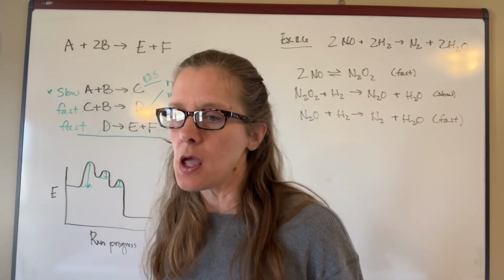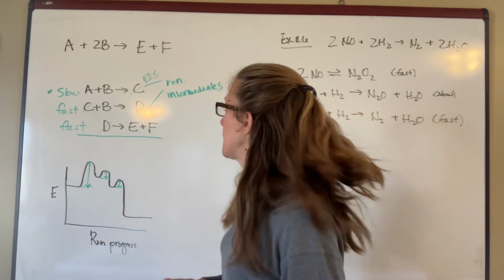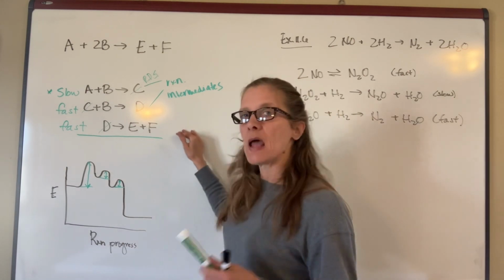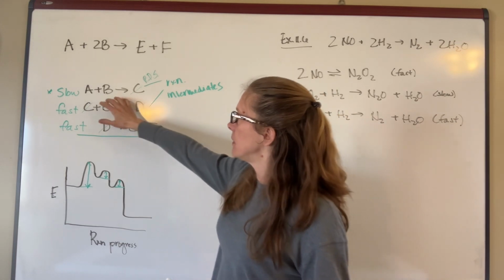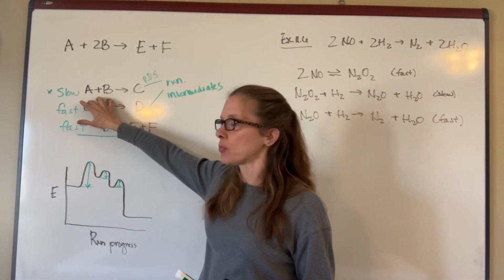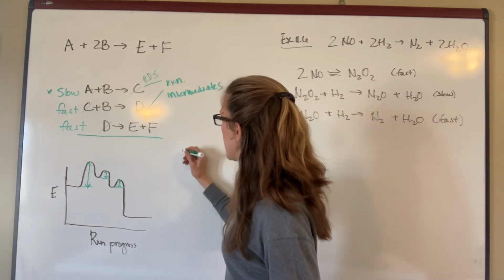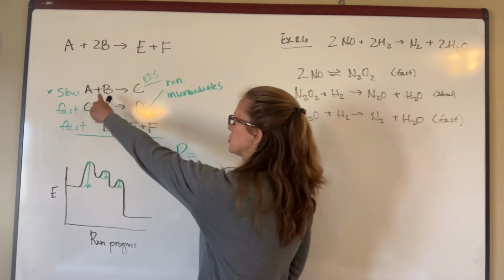Okay, so each one of these steps is called an elementary reaction, and in an elementary reaction only, the stoichiometric coefficients are going to be equal to that for the rate law. So for this particular equation, the rate is going to be determined by the rate determining step, which is the slow one.